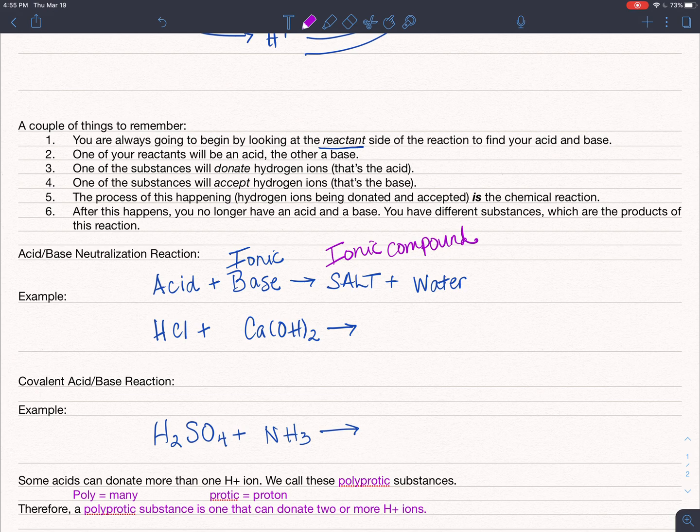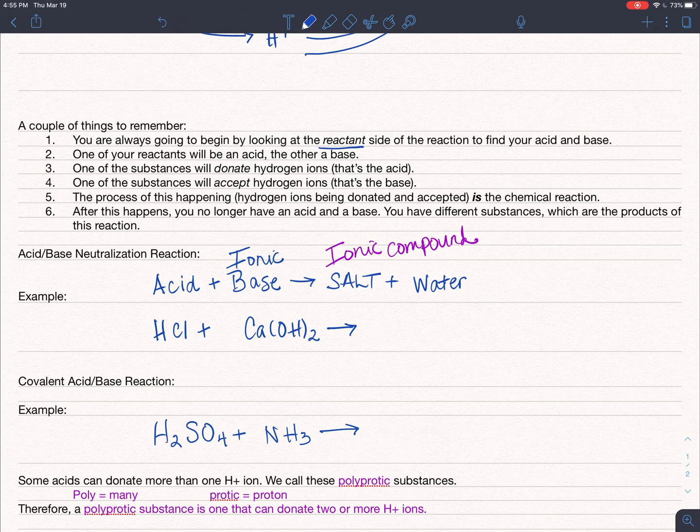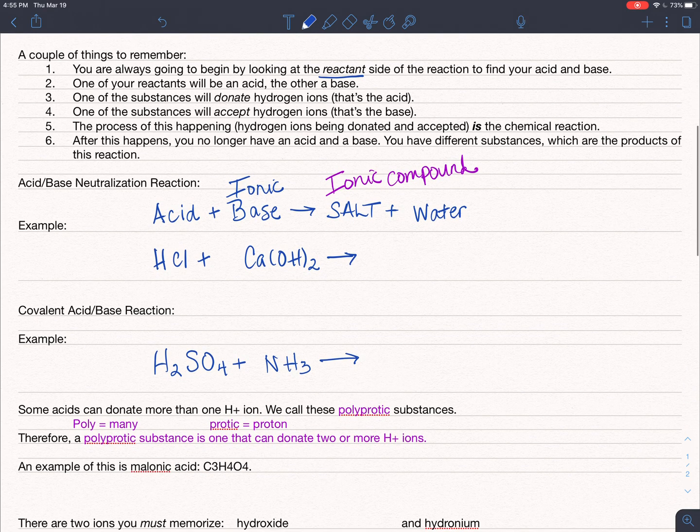Now let's look at an example of that in the reaction I have started here. I've got hydrochloric acid and calcium hydroxide. Now, you may or may not have recognized that this one was my acid and this one was my base. But if we know we're looking at an ionic base and an acid, then we know we're going to create a neutralization reaction. So how would we do that?